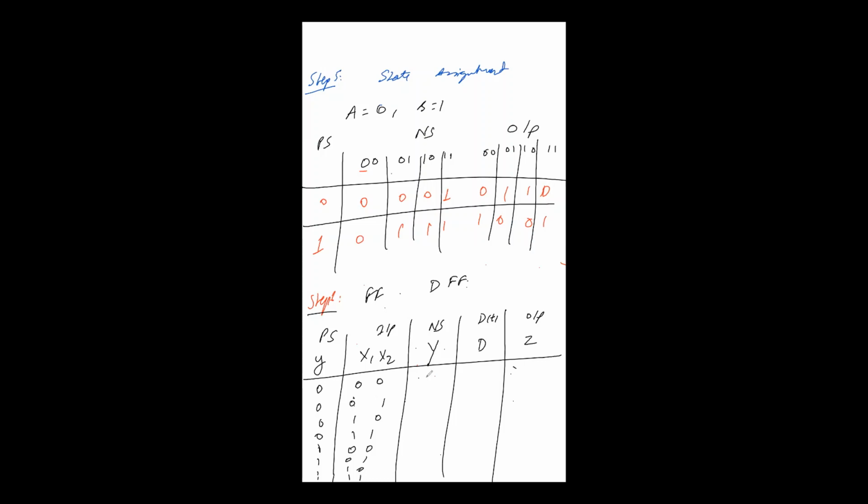We have seen, so next state will be 0. Here next state will be 0, because if you add both of them, carry will be 0. Next state will be 1. Next state will be 0 here, will be 1 here, 1 here, and 1 here.